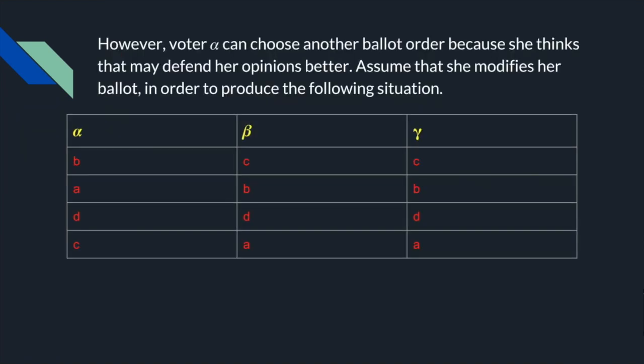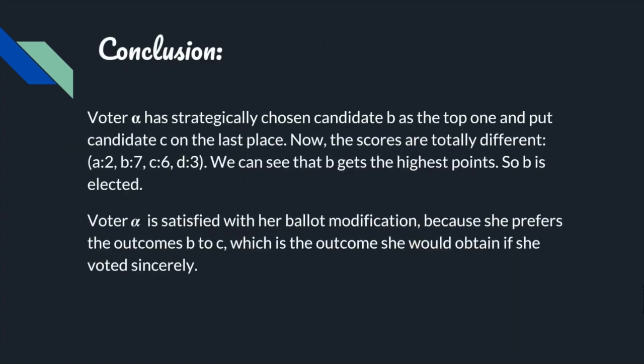However, voter Alpha can choose another ballot order because she thinks that may defend her opinions better. Assume that she modifies her ballot to produce the following situation. Voter Alpha has chosen candidate B as the top one and put candidate C in last place.